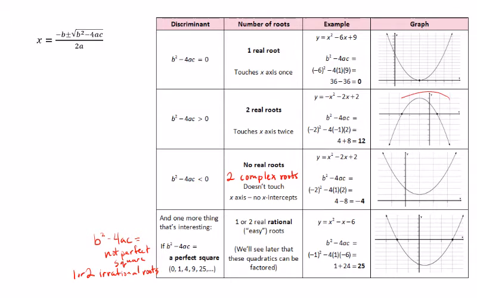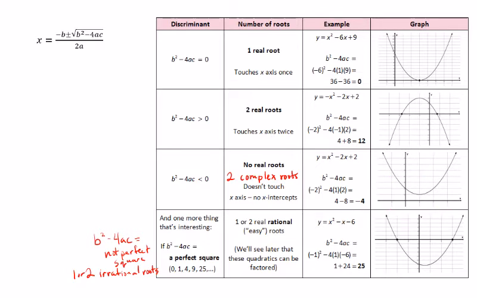If we get 2 real roots, it's going to cross the x-axis, and whether it's rational or irrational, those are real numbers. So if b squared minus 4ac is positive, it's going to cross the x-axis twice, whether it's facing up or facing down. If it's negative, it's not going to cross.